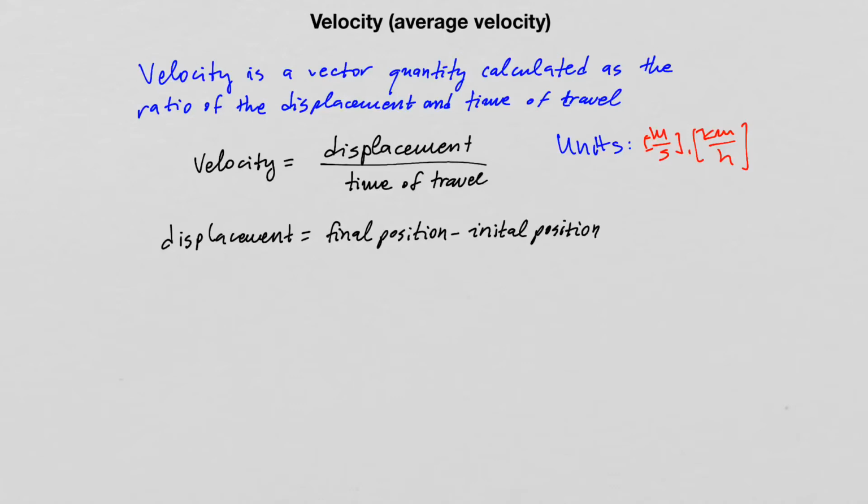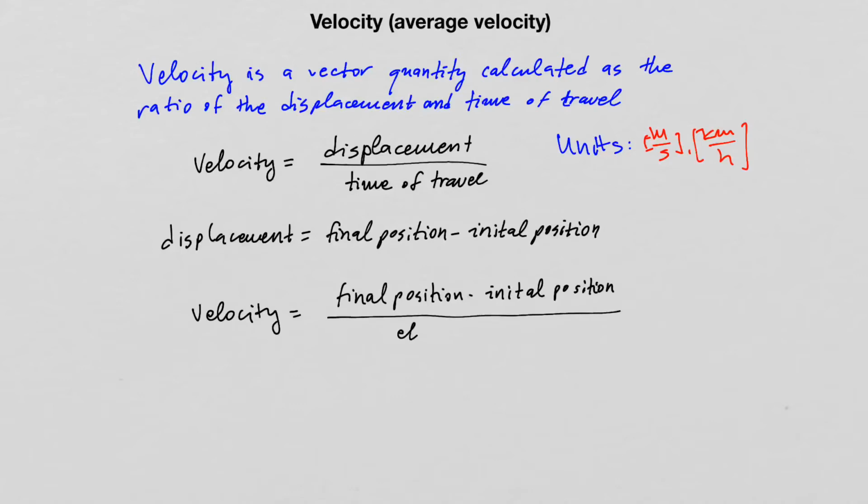So then I can rewrite the definition of velocity as velocity is equal to final position minus initial position divided by elapsed time, or time of travel.